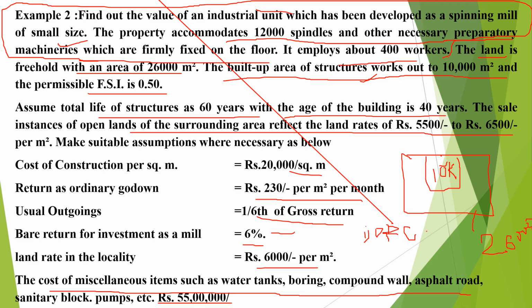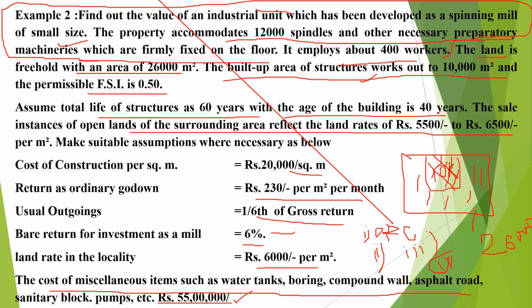Second thing, you will calculate the encumbered land over which this building has been constructed. That will be the value of the encumbered portion of the land. Third, the valuation of the open land, which you will be calculating. And the fourth thing, which is already given to you, is the value of 25 lakh as the cost of miscellaneous items.